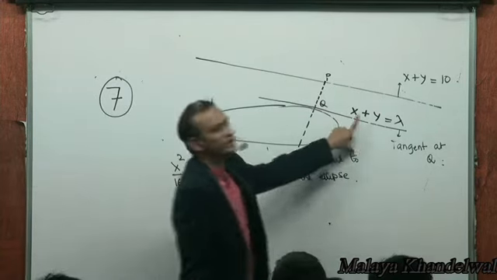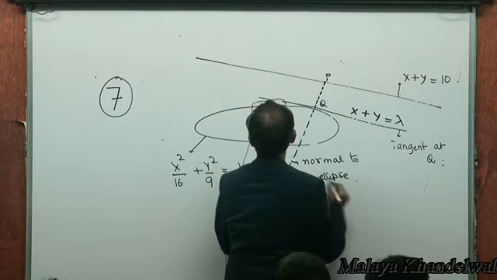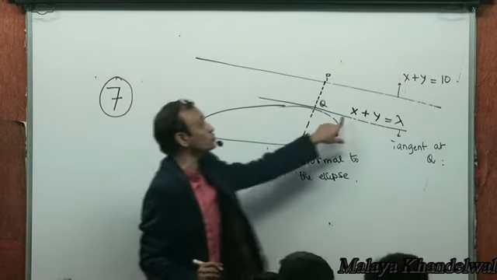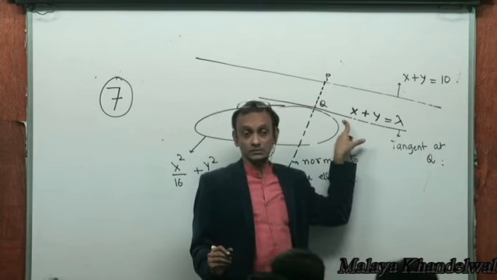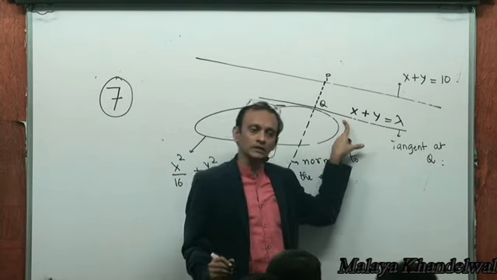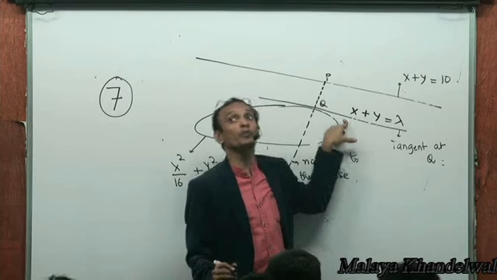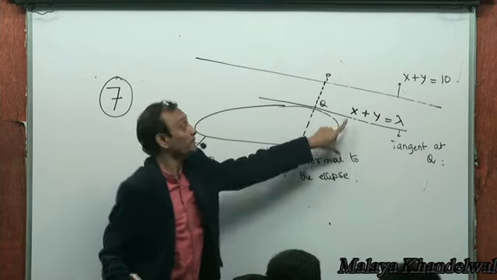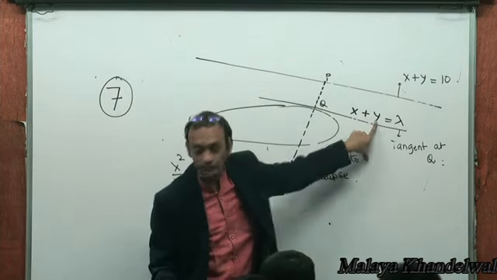Now, I need to find lambda so that this becomes a tangent. That means a tangent of slope minus 1, right?